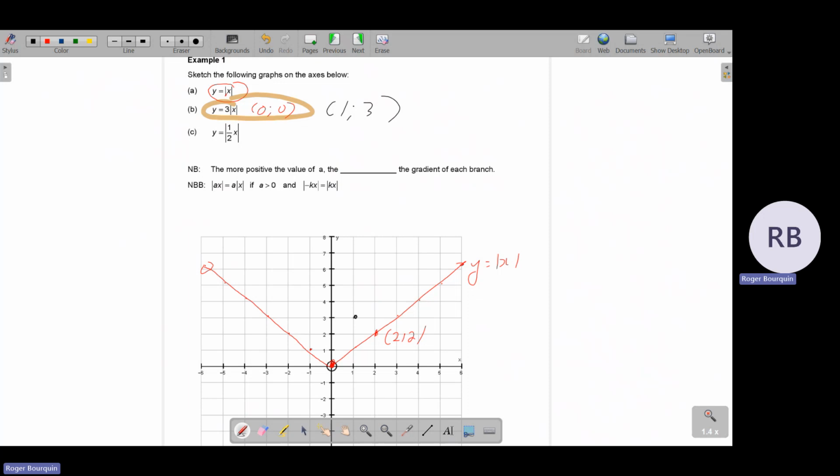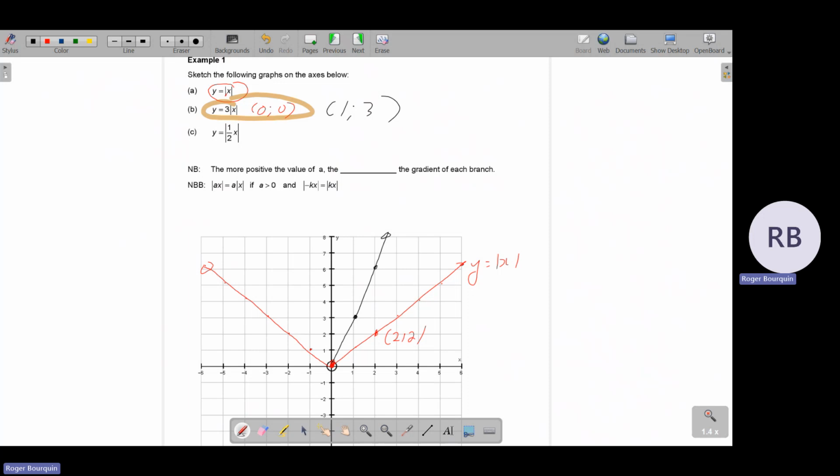If x was 2, what would y be? 2, 6, right? You don't have to label all of these points. So the graph is going to do that. Just label one point on each branch, that's enough.